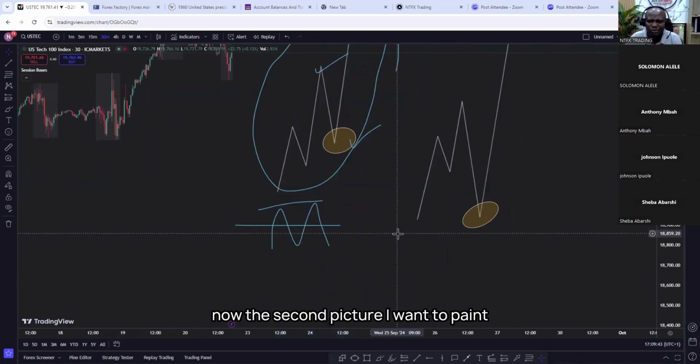The second picture I want to paint today before I go to the main thing is that this structure you are seeing, or getting a valid trade setup, means that the setup must have had a clear structure created before the session open.